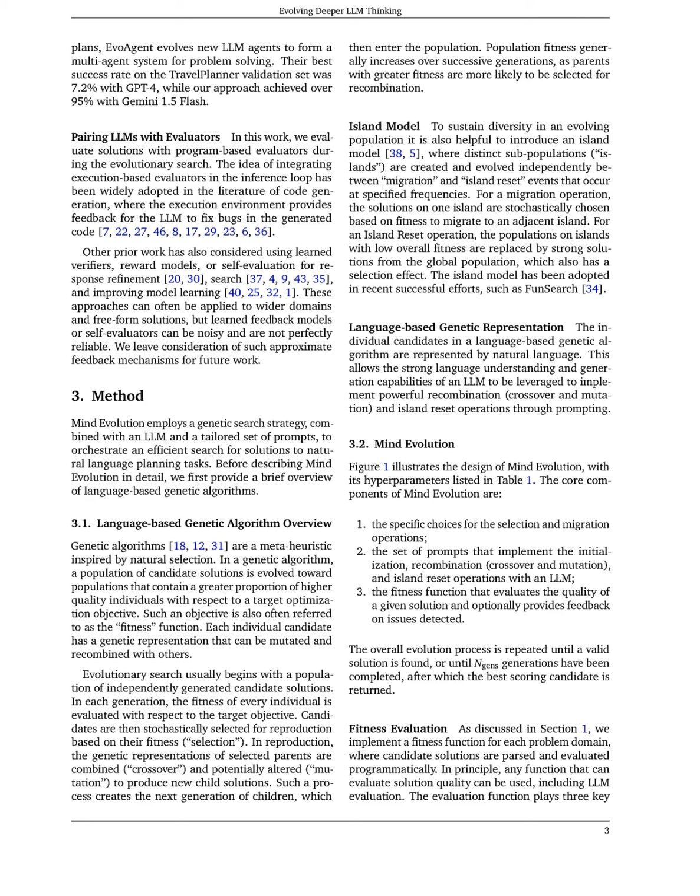Mind evolution employs a genetic search strategy that leverages the capabilities of a large language model, LLM, to generate and refine candidate solutions through a process called refinement through critical conversation, RCC. Additionally, it utilizes an island model to maintain diversity in the evolving population and integrates program-based evaluators to assess solution quality, providing textual feedback that enhances the refinement process.